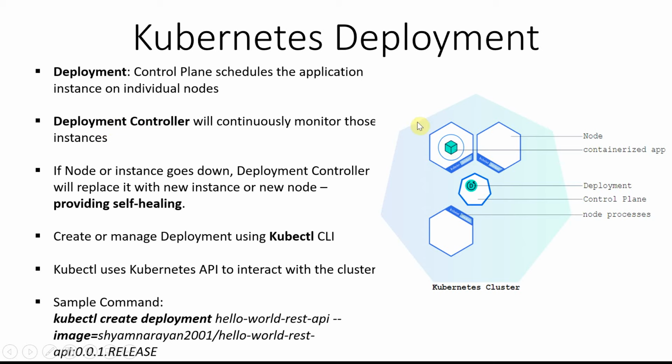There is a deployment controller who will be monitoring this pod, and if something goes wrong, it will inform the master, and the master will replace it with a new instance or a new node. That's how this works behind the scenes. Any questions here?